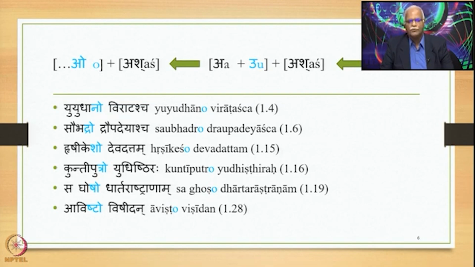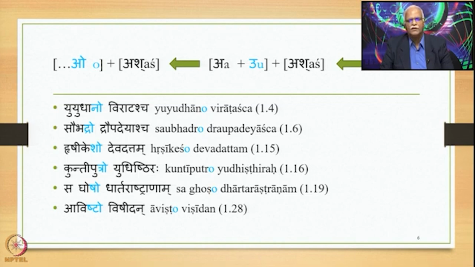Similarly, Avishto Vishidan. Avishto will be the output and the input would be Avishta plus u plus Vishidan. And this u would be the output for the input ru. So Avishta plus ru. And this ru would be the output of the input sa. So you have Avishta sa.